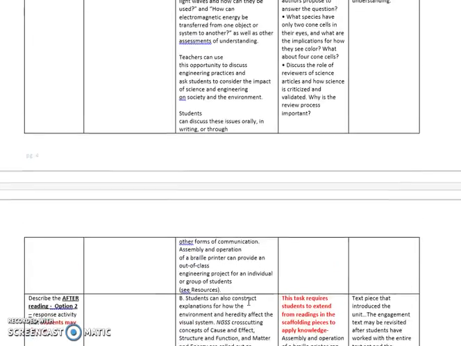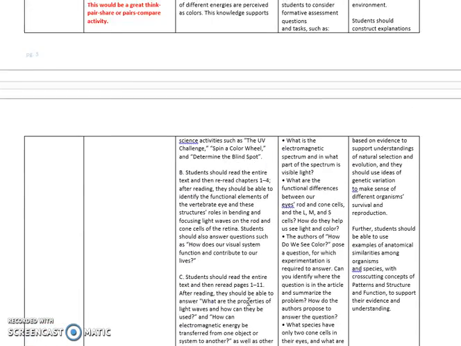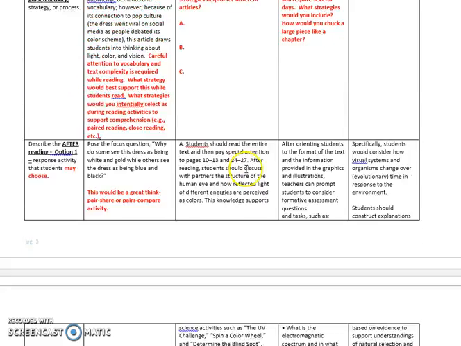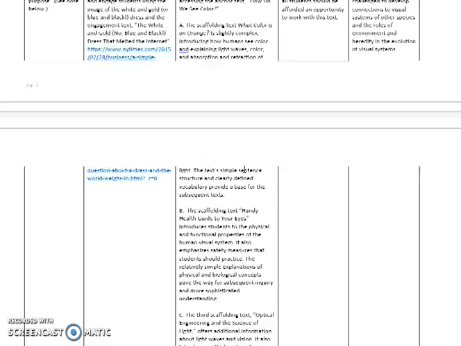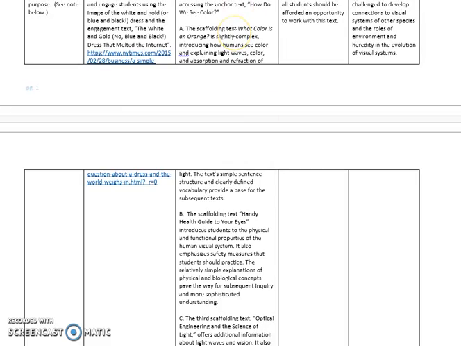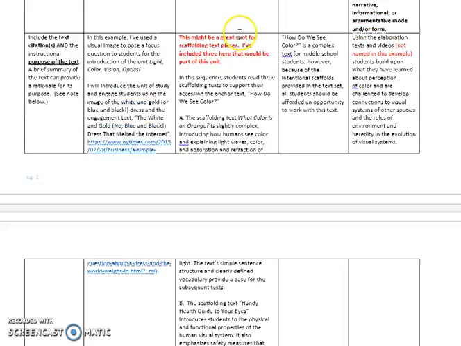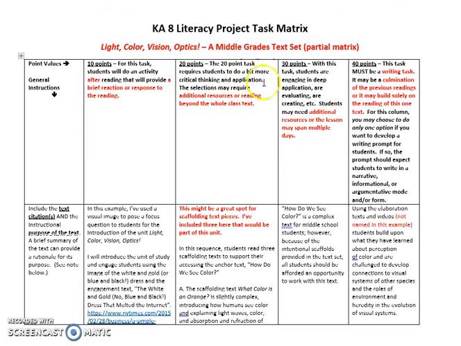Now, one thing I want to draw your attention to is the 3 pieces that I've had students read here also provide an opportunity for me to do an after activity that doesn't fit in this column 2, critical thinking and application, so much as it involves deeper application, or the 3rd column here.